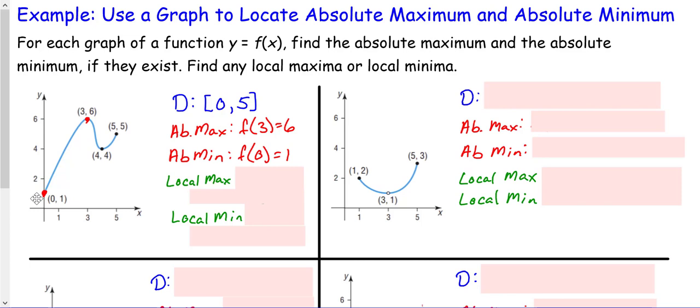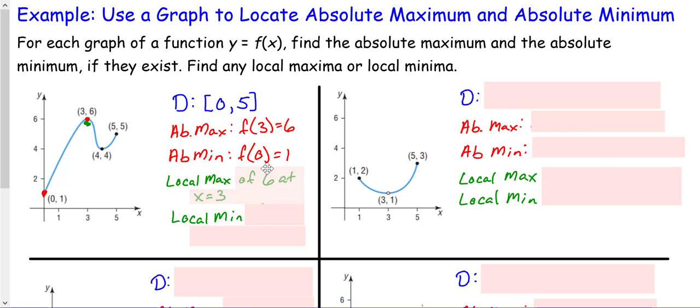The local max on here, if we look at that, we can see that there is a local max of 6. So this is also a local maximum. So there's a local maximum of 6 at x equals 3.